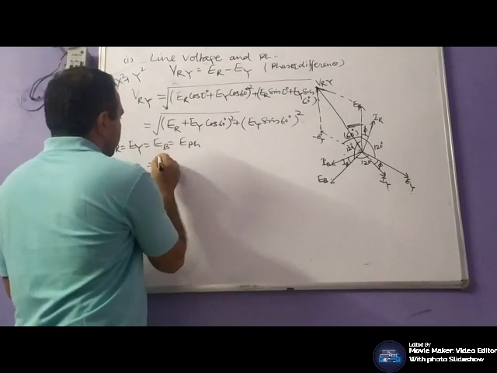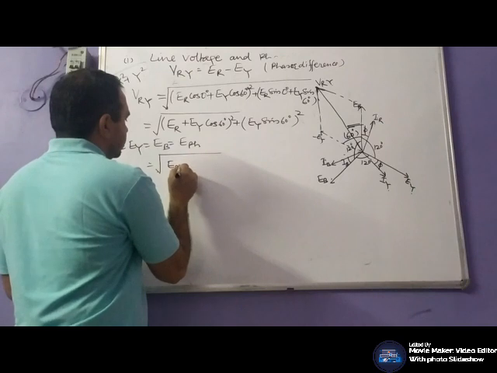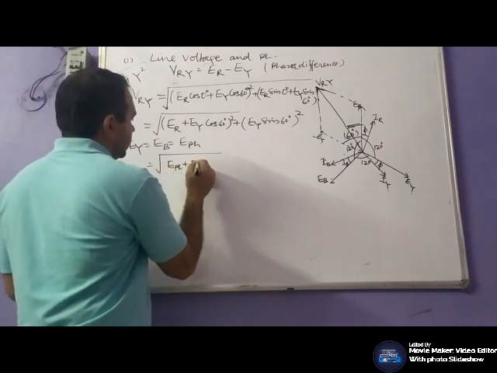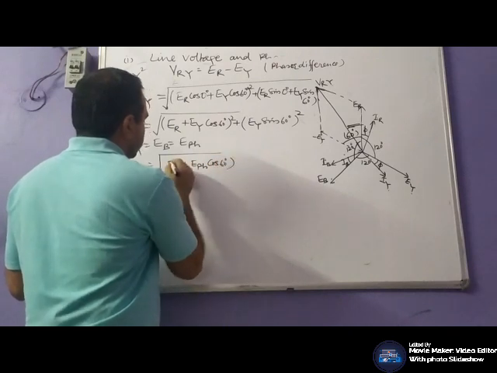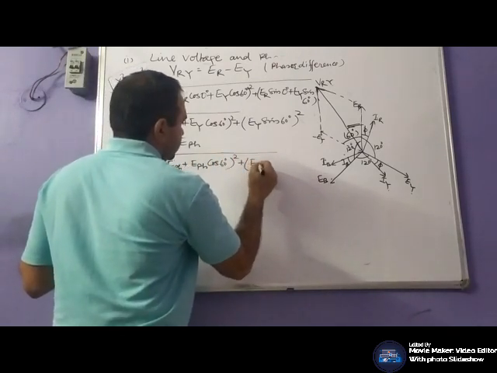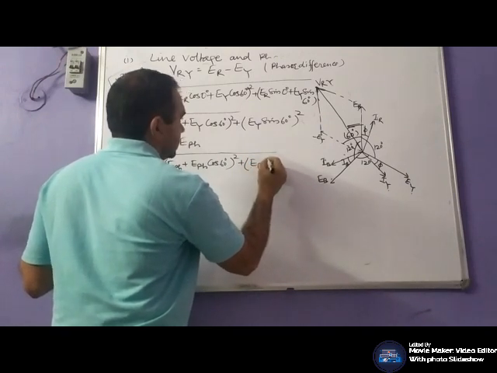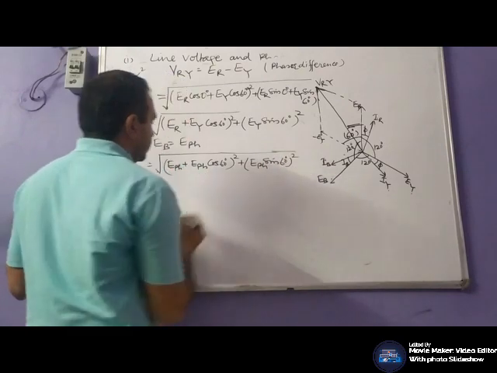Then put this value here: E phase plus E phase cos 60, plus E phase sin 60 degrees, all squared.